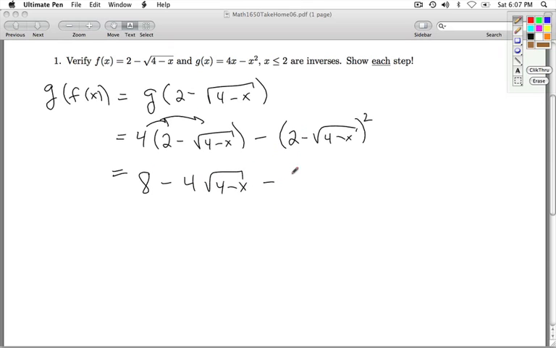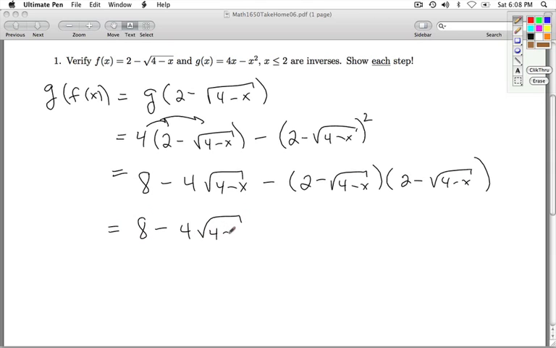And in order to avoid some common mistakes, when in doubt on the second one, write it out. This is 2 minus square root 4 minus x times 2 minus square root 4 minus x. So I get 8 minus 4 square root 4 minus x minus the quantity 2 times 2 is 4. I get negative 2 square root 4 minus x, negative 2 square root 4 minus x.